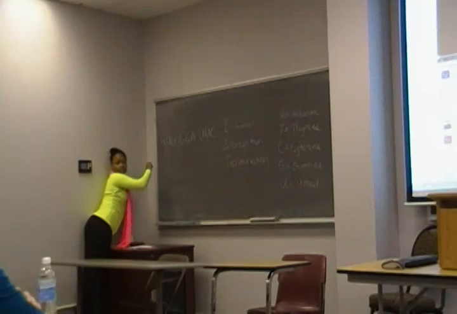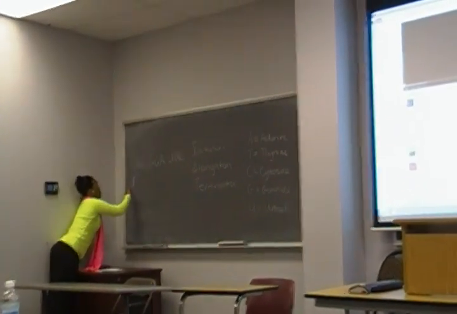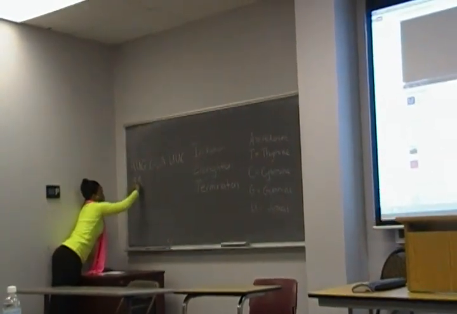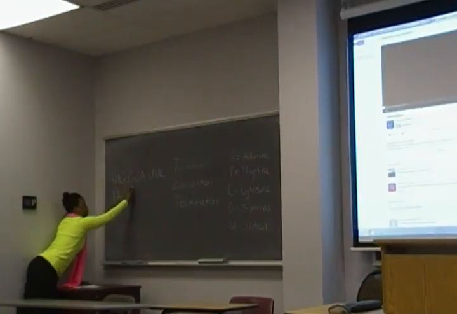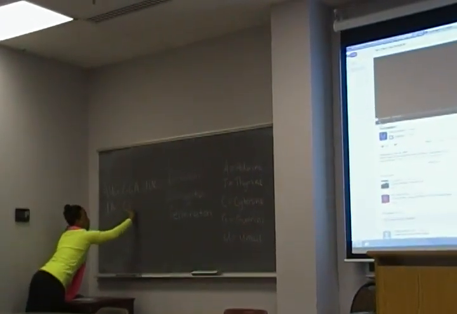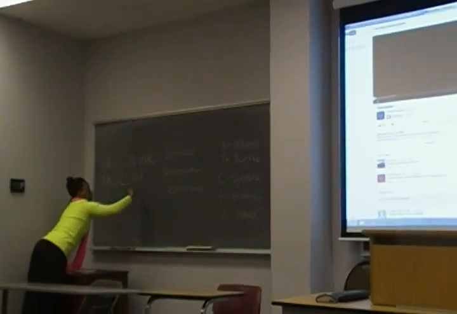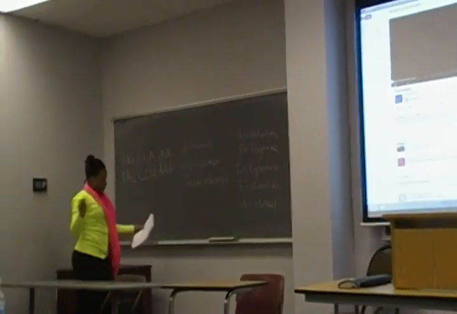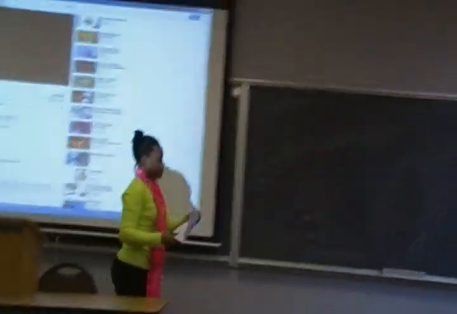So the A would be U. The U would be A. G, C. G, T, U, A. Good. All right, now that you guys have that part, I'm going to actually explain the actual process.